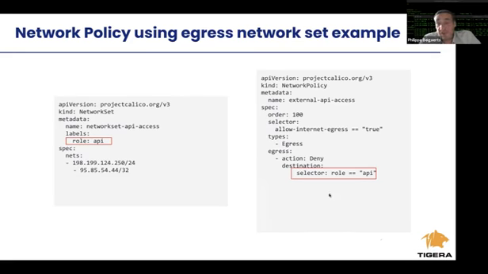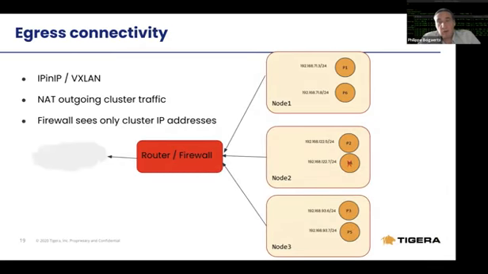And this is a very similar way in how you apply these rules. Now, as I mentioned in the beginning, controlling access for the internet, for example, can be very challenging.